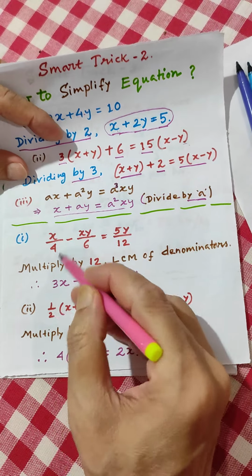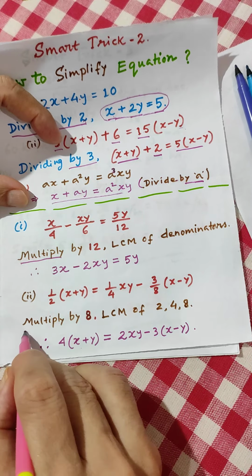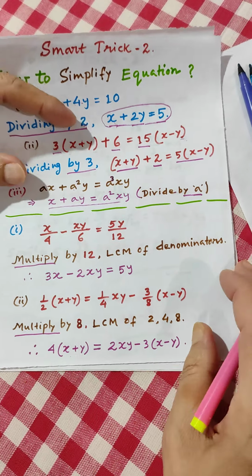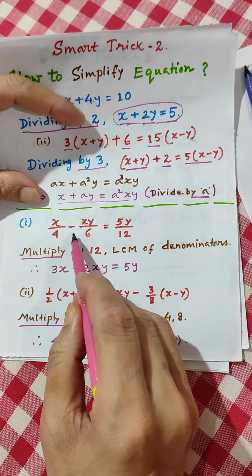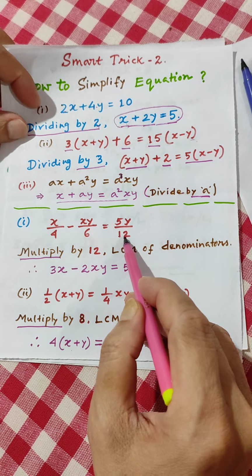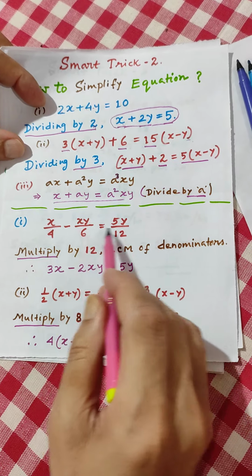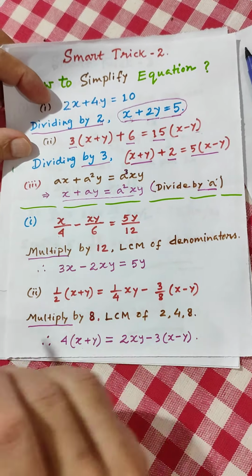Now in the remaining two examples you will see we multiply. We multiply to remove fractions. Now you see this equation, x by 4 minus xy by 6 equals 5y by 12. In order to remove the fractions, we multiply each term by the LCM of denominators.